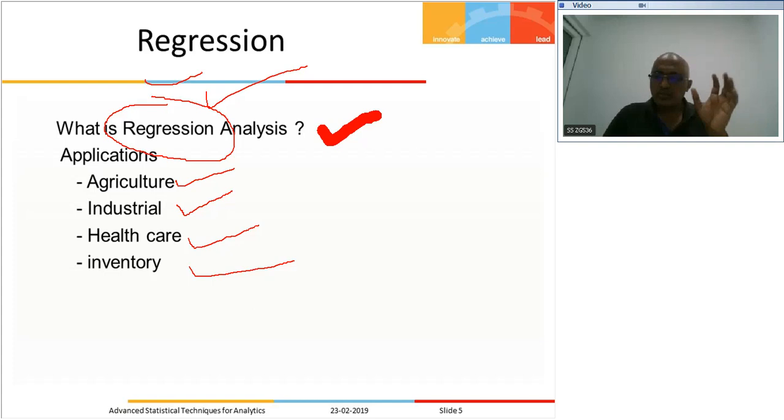Once we have an idea of the relation, based on the coefficient of correlation or the correlation concept, the next step is to go further with the regression. Regression is where we try to establish a relation between the two variables. Not only two, later we can extend it further.